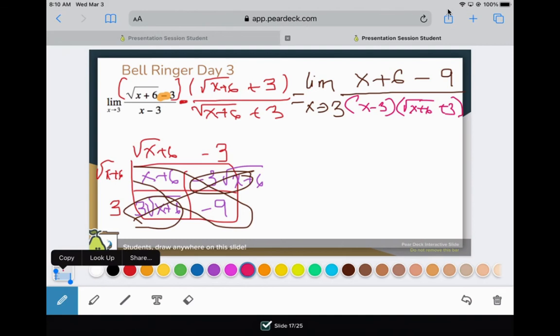Any questions for me so far? Kind of sort of remember the steps? I want you to put in the chat as we go through this. Just tell me, okay, I need to review this, this is a step that I got confused. So step number 1, multiply the conjugate.